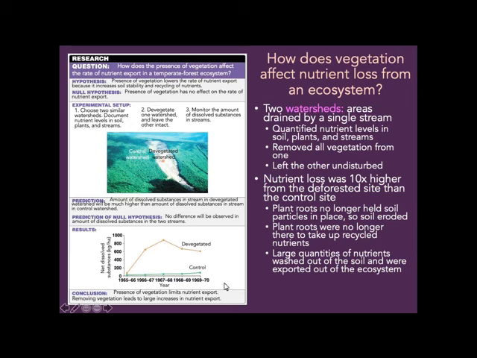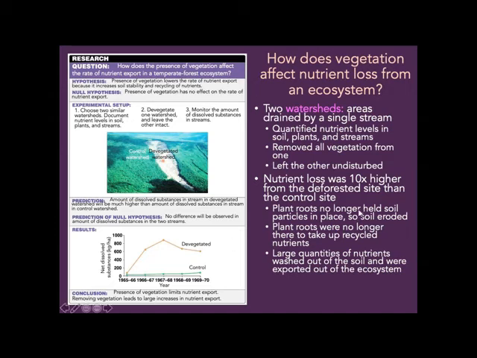All right, so this is what they found. The net dissolved substances in the streams in the devegetated area was 10 times higher in the devegetated site versus a control site. So we can clearly see that the presence of vegetation limits nutrient export. And if you take the vegetation away, you're going to end up with a lot more nutrient export from the system.